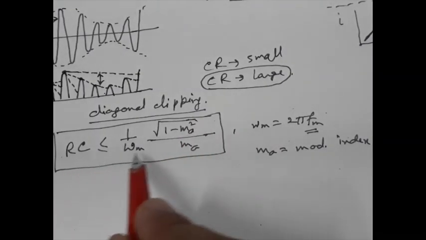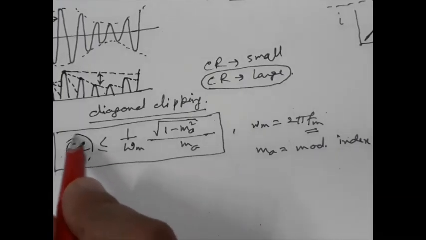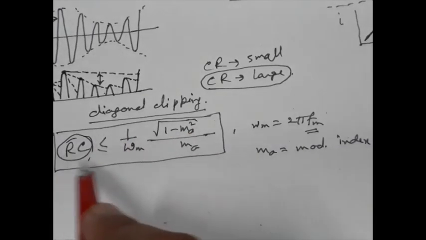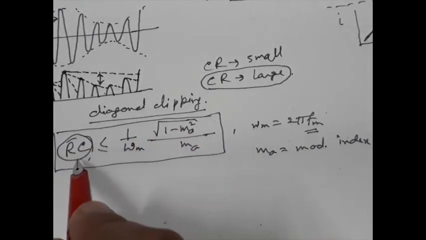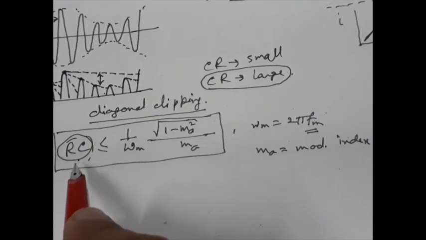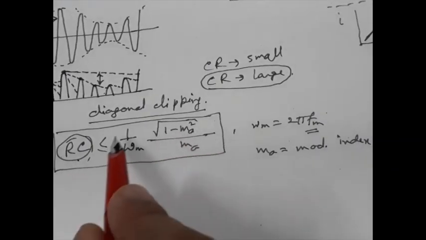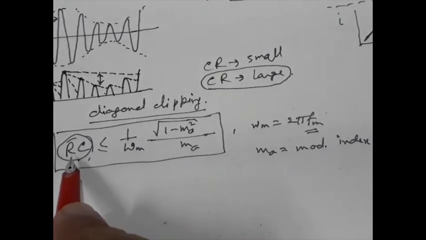But still, if we don't use a single tone system, the RC determined using these mathematical expressions will be equally useful for multi-tone systems as well, because you will have some idea what should be the ideal value of R and C.